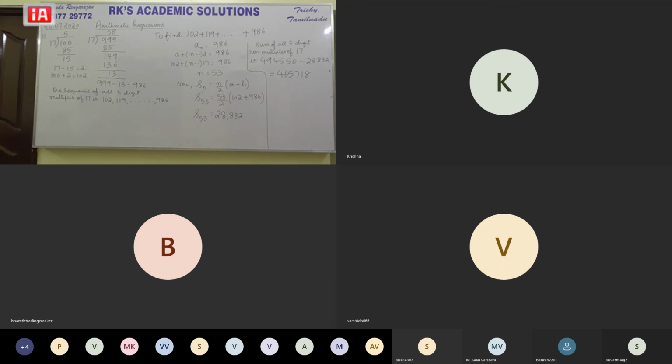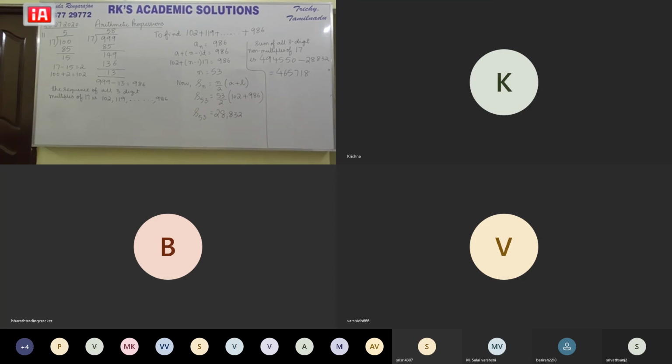So in this question we've learned how to find the sum of all 3-digit multiples of 17. You've learned how to generate the arithmetic progression using 100 and 999, the first 3-digit number and the last 3-digit number, the smallest and the biggest.